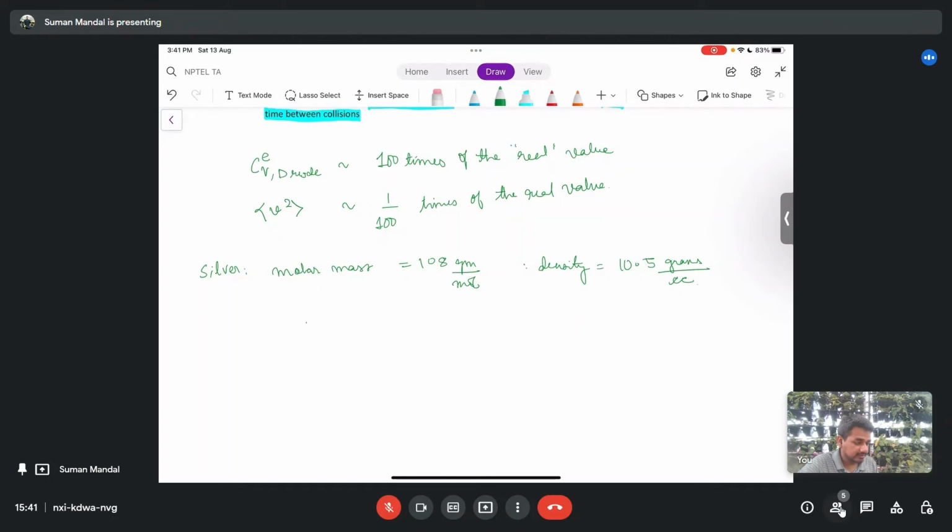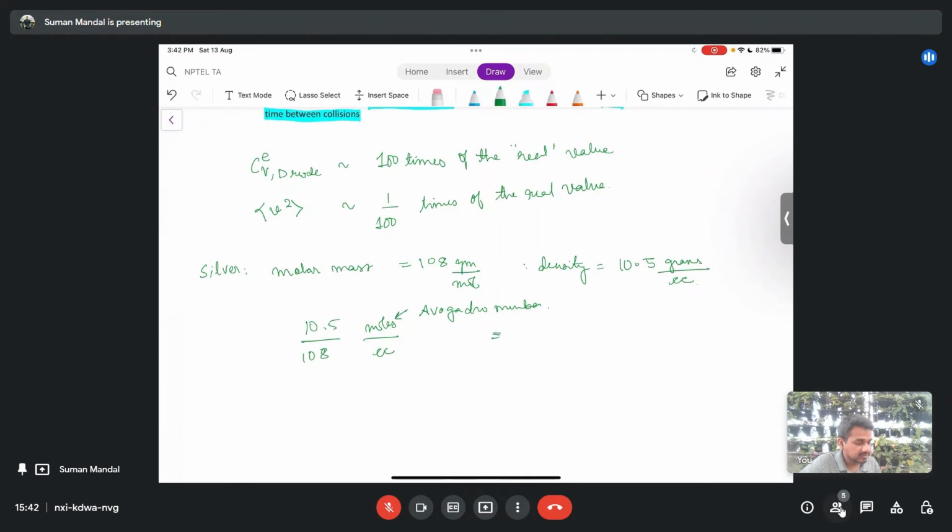So 10.5 by 108 will be the moles per centimeter cube, and then if we multiply this with the Avogadro number, we'll get the number of atoms per centimeter cube, and from that we can get the number of atoms per meter cube.